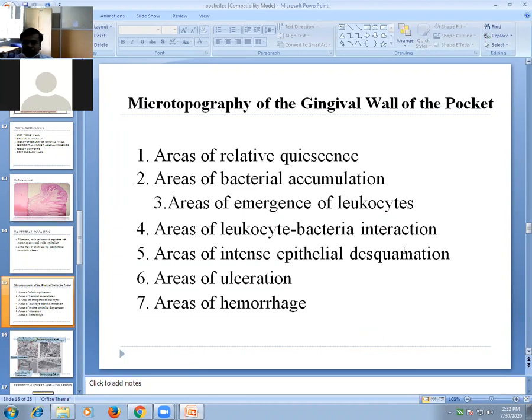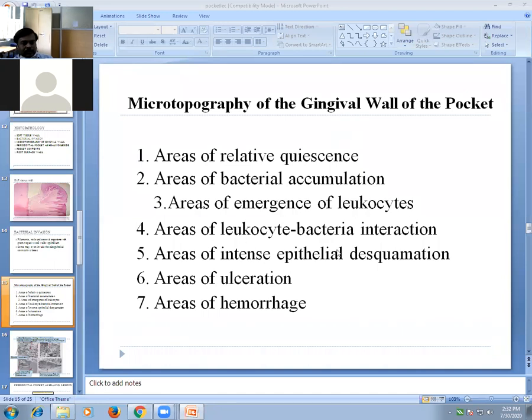So we have the area of bacterial accumulation and emergence of leukocytes. After that, interaction takes place between the leukocytes and bacteria, so that zone is called the area of leukocyte-bacteria interaction.